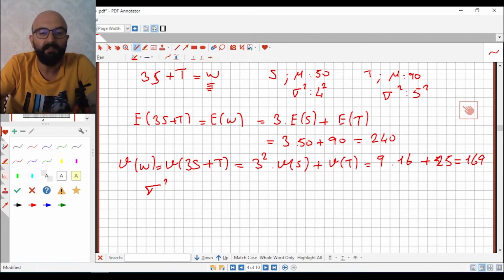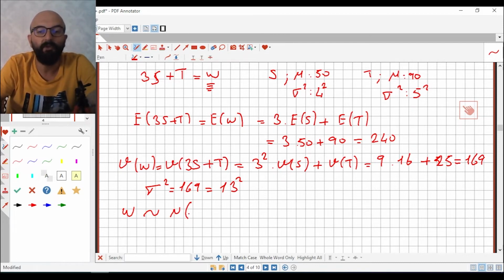Sigma squared is 169, which means 13 squared. So in the normal distribution, the expected value of W is 240, and the variance of W is 13 squared.